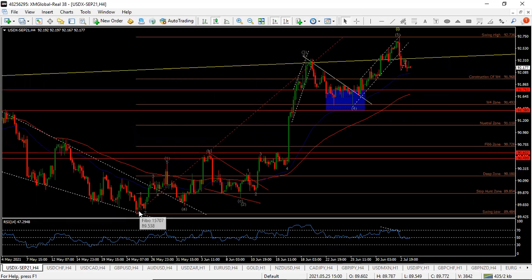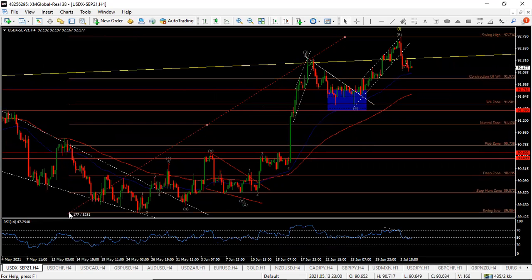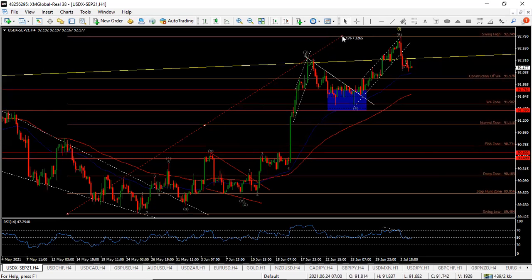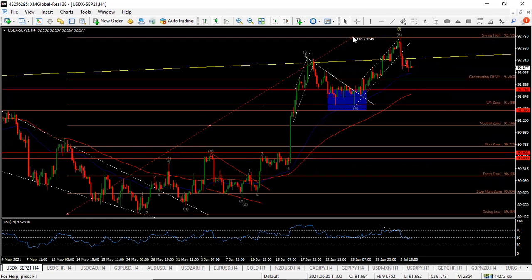So now if you can check from this point, all of this movement, that's our 1. And then for our 2, exactly, pinpoint.